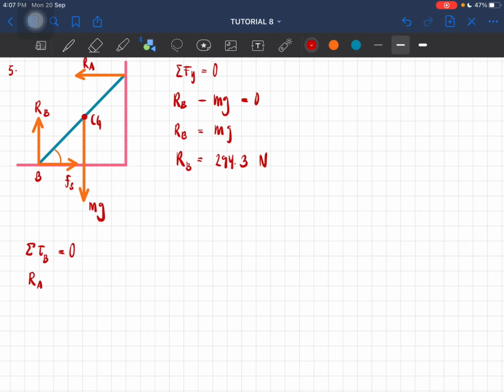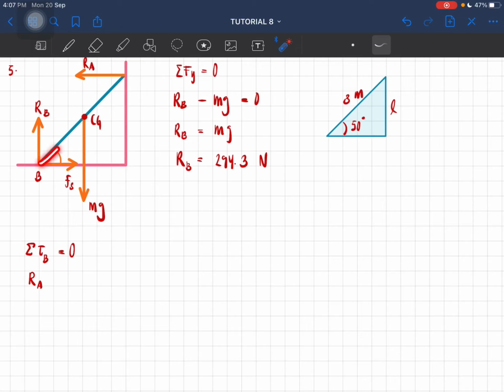So how do we find the distance? Is by using Pythagoras theorem ataupun trigonometry. Kamu guna trigonometry lah. Okay, so in this case, I'm gonna label this as L. The perpendicular distance that we need for RA. So this is 50 degree. This is 3 meter.